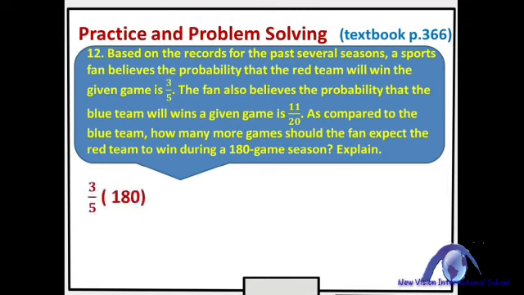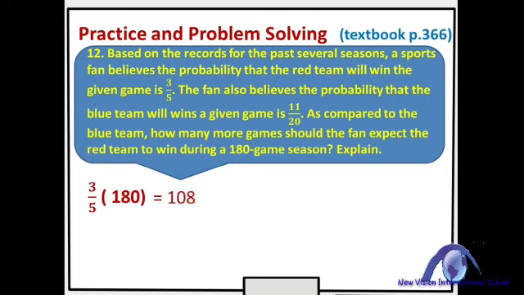We only need to multiply the probability that the red team will win a given game, which is 3/5, by 180. And 3/5 times 180 is equal to 108.